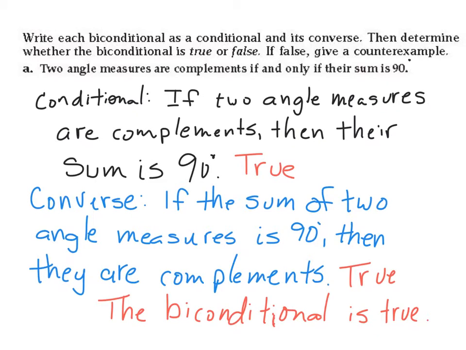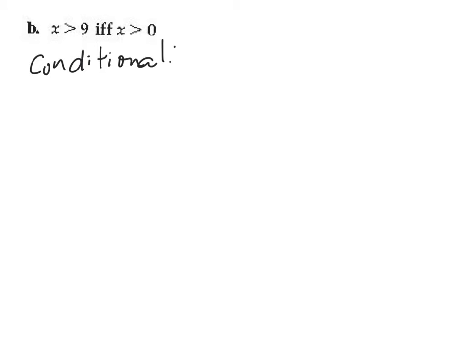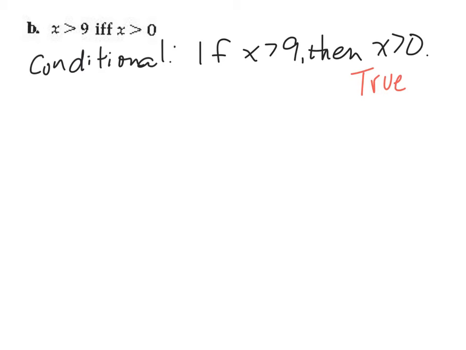Of course, that will not always be the case. For this one, we could write our original conditional as if x is greater than 9, then x is greater than 0. That, of course, is a true statement.